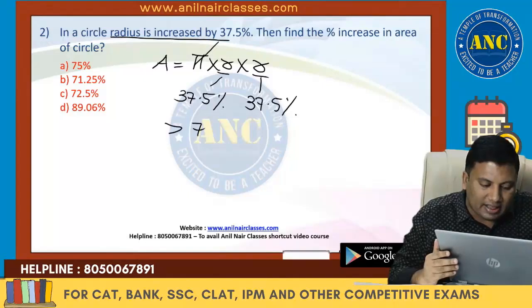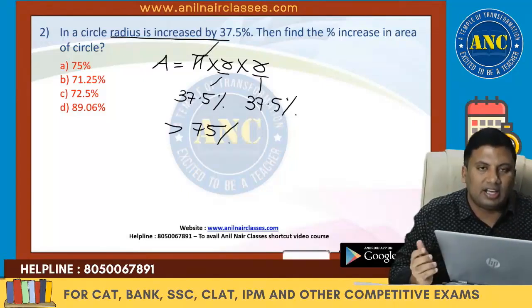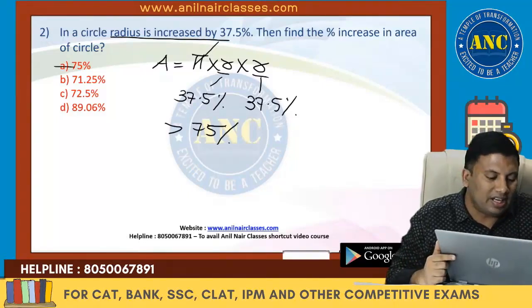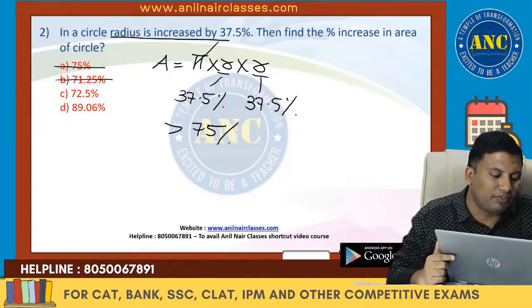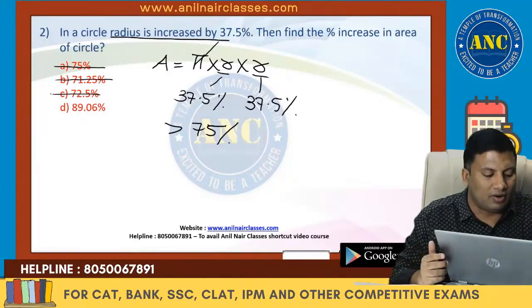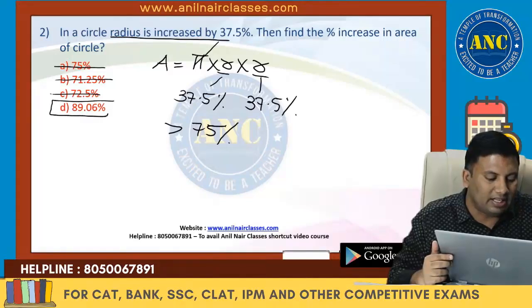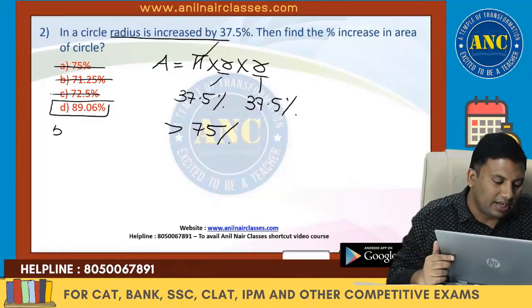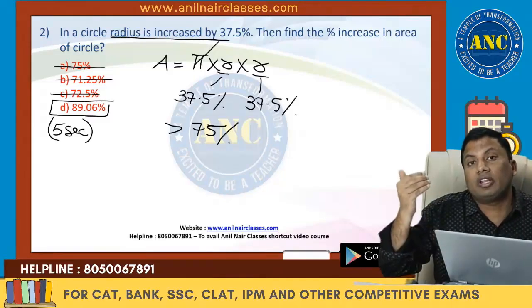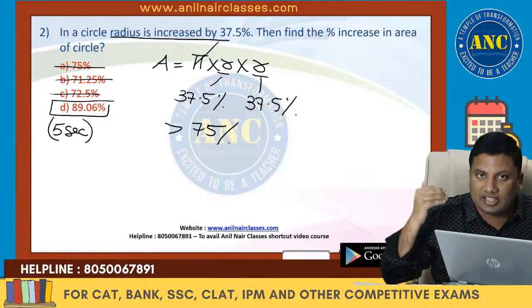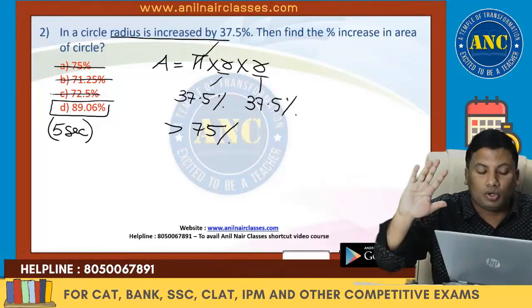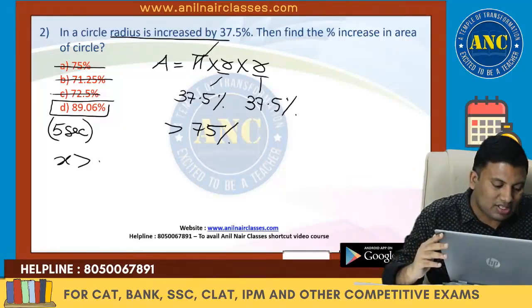Answer should be greater than 75 percentage. Yes or no? 75 out, 71.25 out, 72.5 out. Answer is nothing but 89.06. It took 5 seconds for you to solve the question. If there is more than one answer option which is greater than 75, then I will come to that question. What is the concept which I am using?